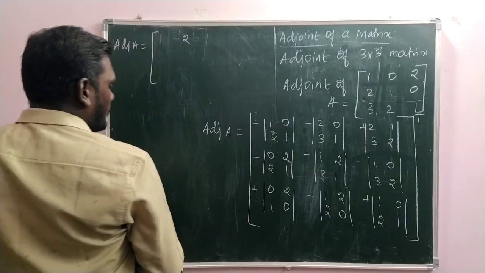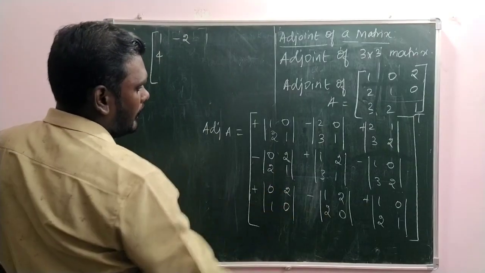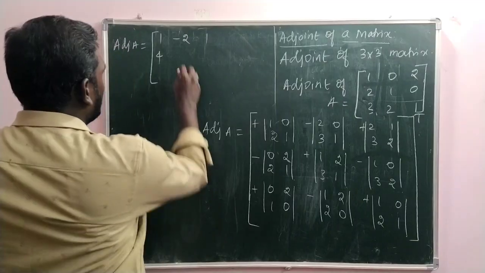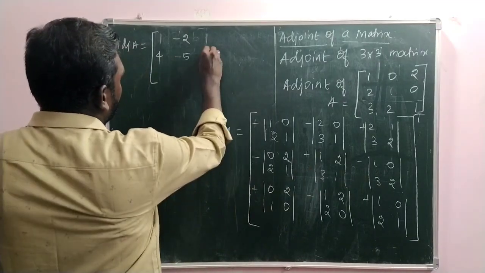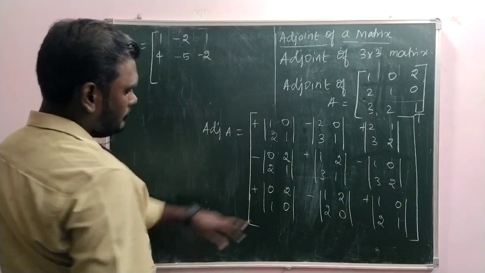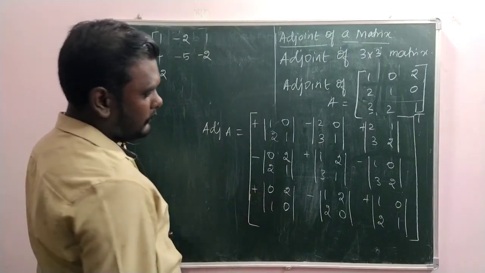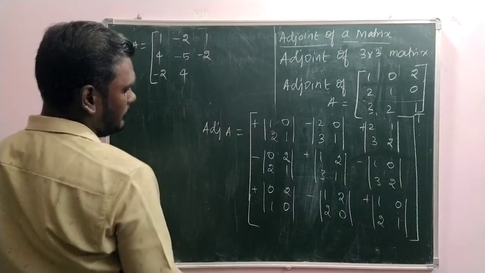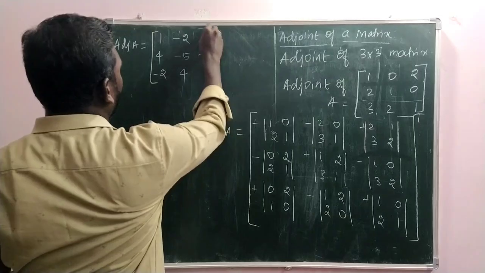Now this one, 0 minus 4 with a negative outside, it is plus 4, and 1 minus 6 which is minus 5, and that is minus 2, and this one 0 minus 2, and that one 0 minus 4 with a negative, it is plus 4, and that is 1 minus 0, it is 1 only.